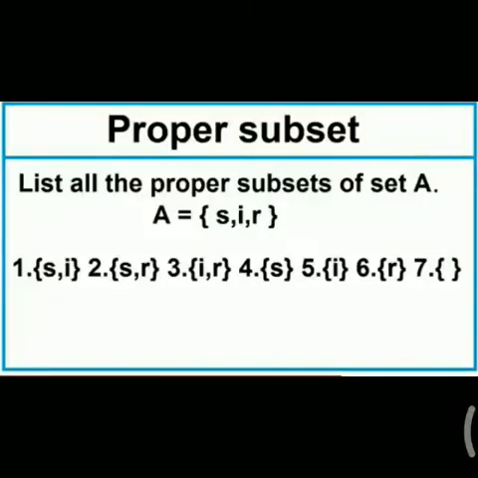Here we are listing all the proper subsets of a set. It is done by the empty set, then taking one element, then taking two elements. All the three elements will not be taken because they will be equal to A.